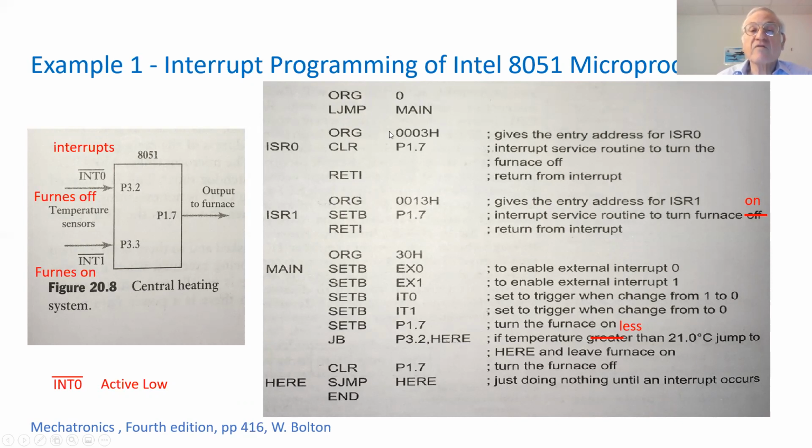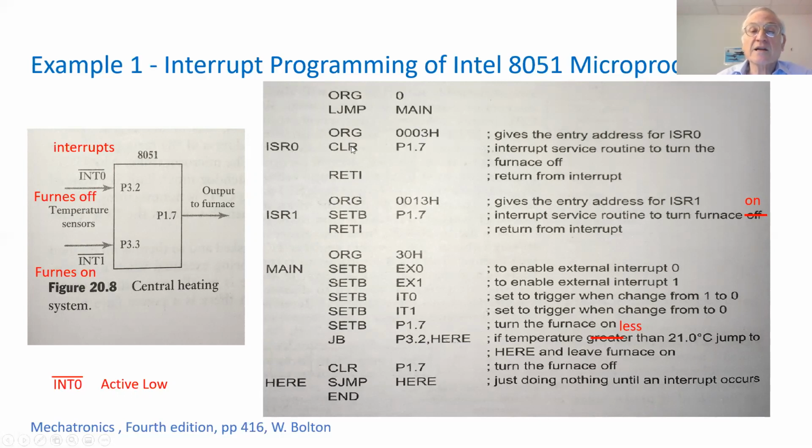Over here, we define the position location of the interrupt service routine, which is service routine 0, and the position starts at this hexadecimal location.